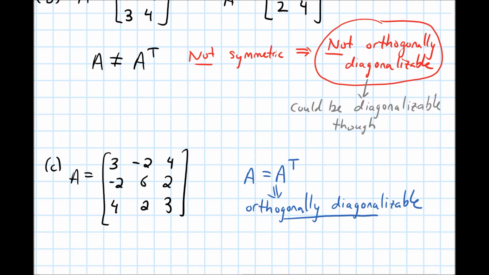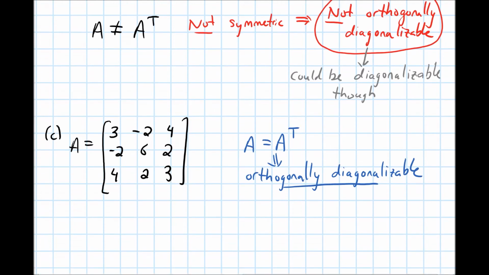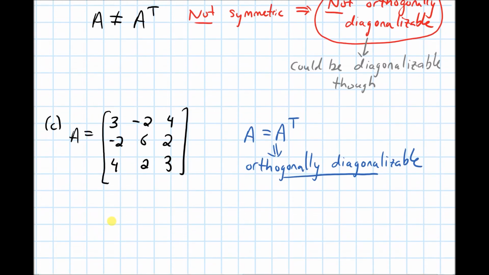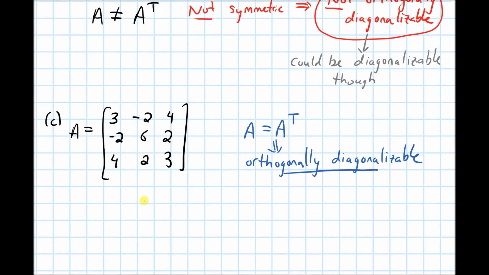Okay, so now let's diagonalize it. So for this matrix, to save time, I'm going to just say what the eigenvalues are and what the eigenspace is for each one. So this is something that you should check.